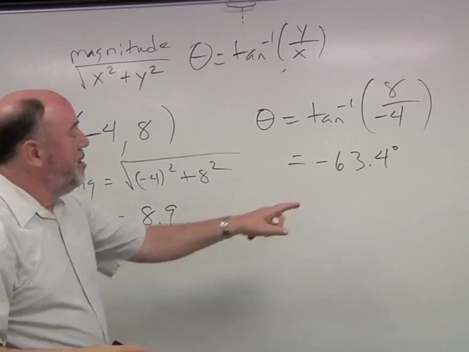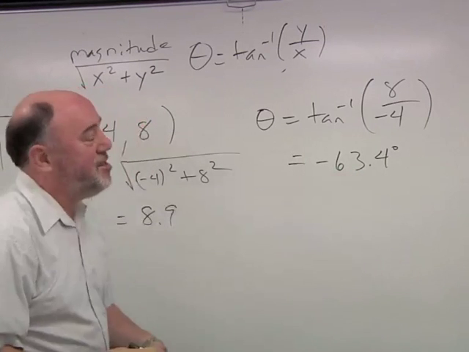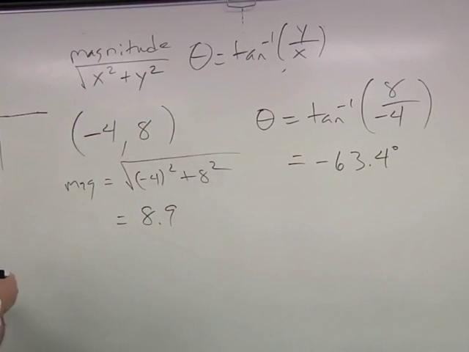The angle the calculator gave me is -63.4, so that angle would actually be here. So the calculator gave me an answer that is in the fourth quadrant, but I know my point is actually in the second quadrant, and it actually would be lying here. So to get the correct answer, we need to take that angle and add 180.